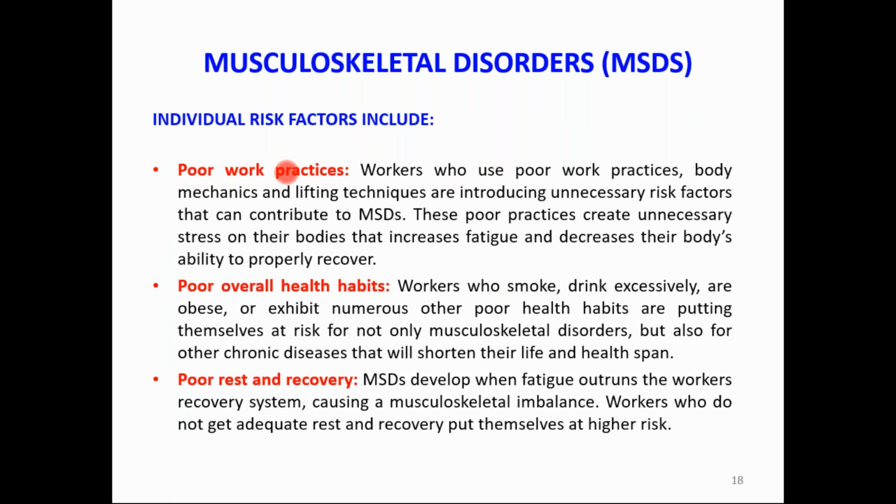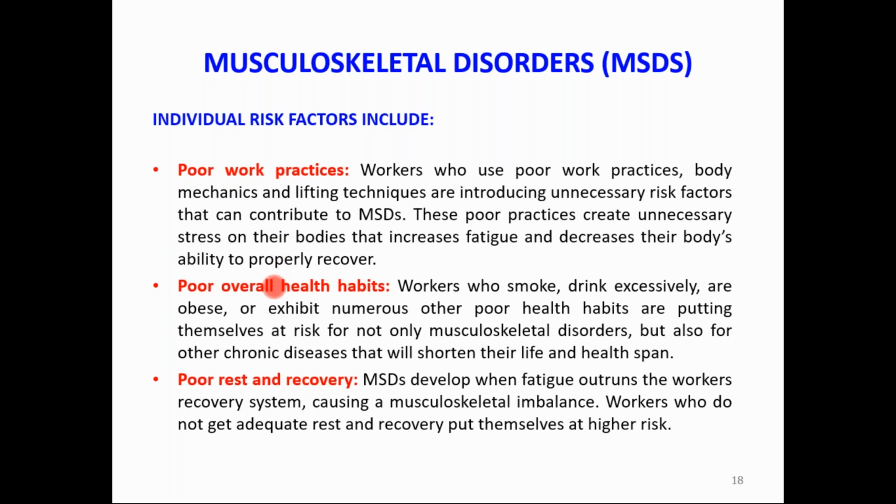But sometimes some workers are not going to follow these SOPs or these particular guidelines, some gesture posture practices, some lifting techniques, some forcing techniques, etc. And then due to these poor work practices, they may contribute to MSDs.